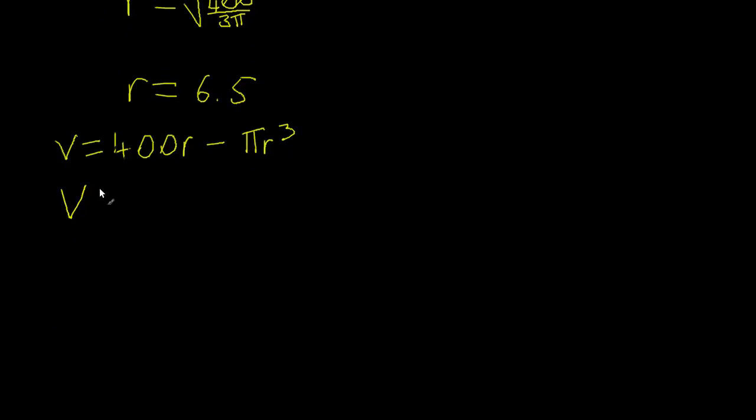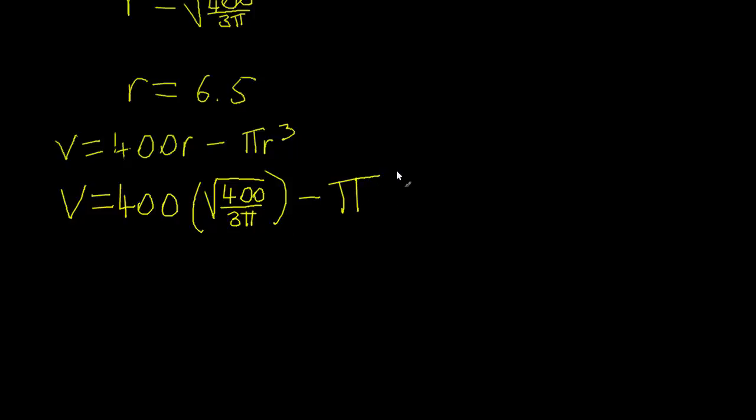So v equals 400 times the square root of 400 over 3 pi, minus pi lots of 400 over 3 pi, cubed.